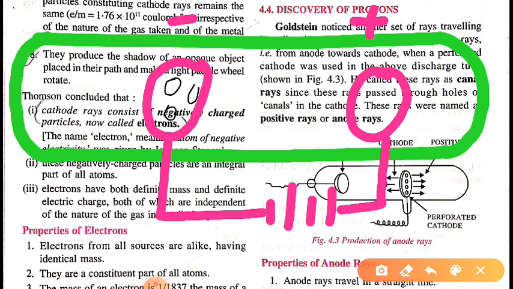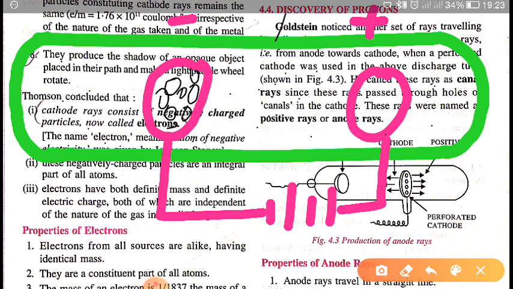Perforated cathode means there is a small hole in the cathode. He used gases here, and a vacuum pump to reduce the pressure. Everything is the same as in the cathode ray experiment.